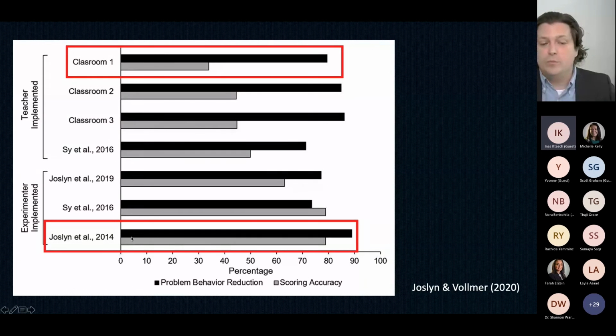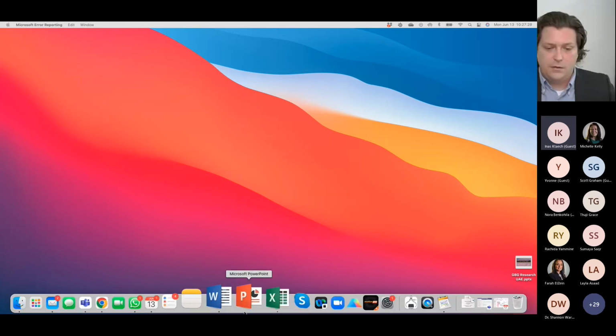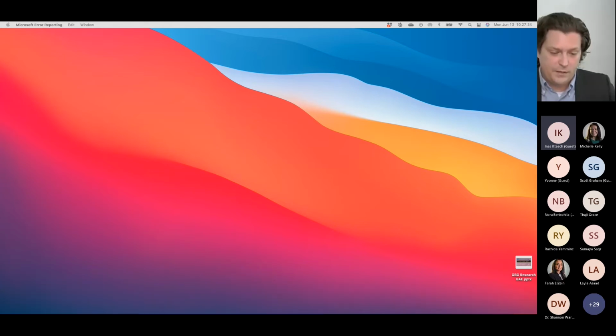So in this highlighted one at the bottom here, you can see that the problem behavior, whoa, one sec. Let's see here. Oh, PowerPoint closed, so give me 1 second here.